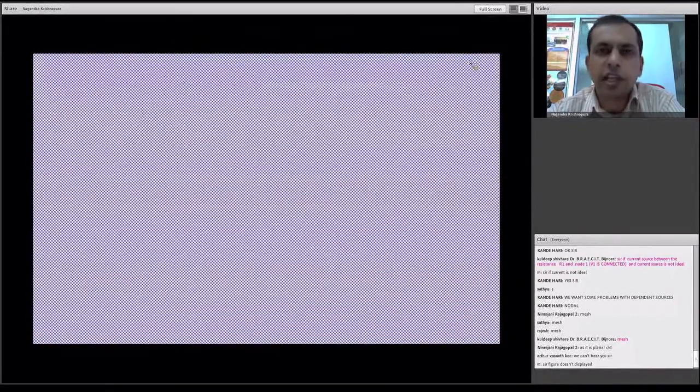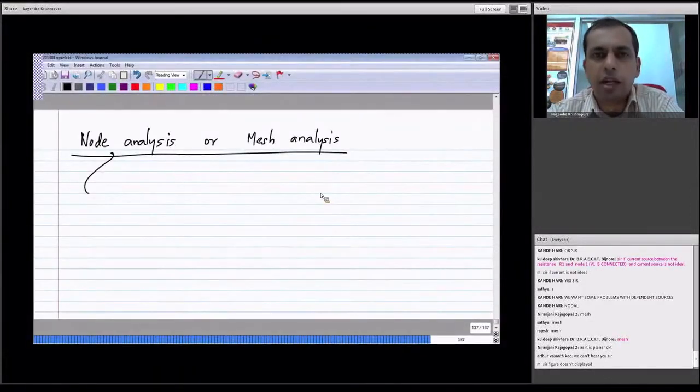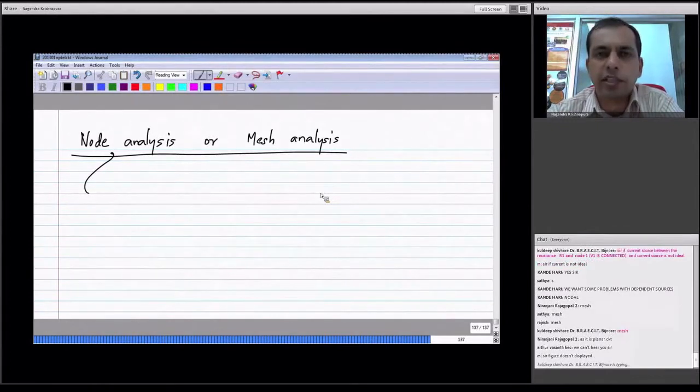After that, we still have some work to do, but that's rather trivial. In case of node analysis, to find branch voltages, you have to take the difference between node voltages that you have calculated. And in case of mesh analysis, to find branch currents, you have to find differences between mesh currents that you have calculated. These things are quite easy.